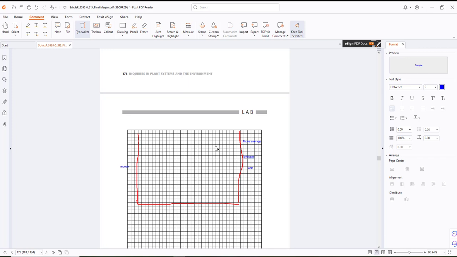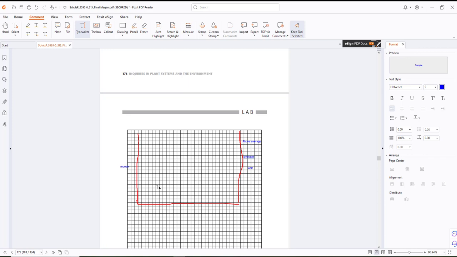Since above average and average is not technically continuous data, you're not really going to need to connect the dots for this one.